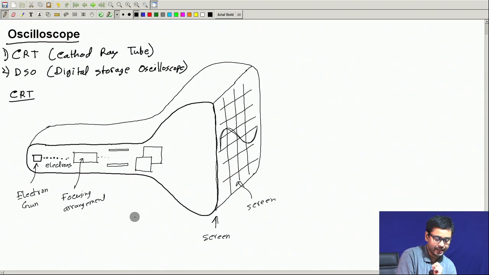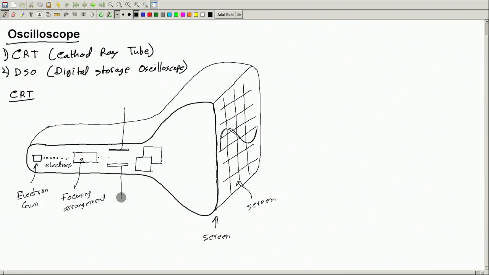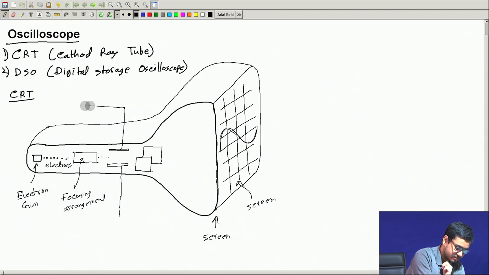Now, what we can do is this. We can apply a voltage between these two plates. We call it V vertical, VV.